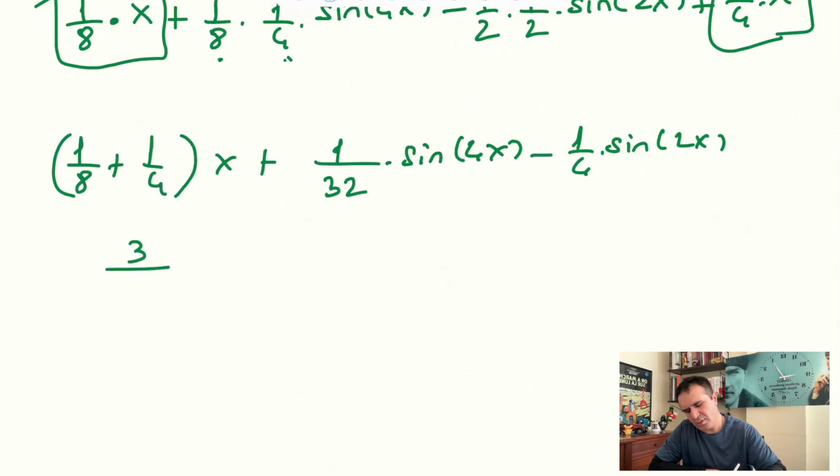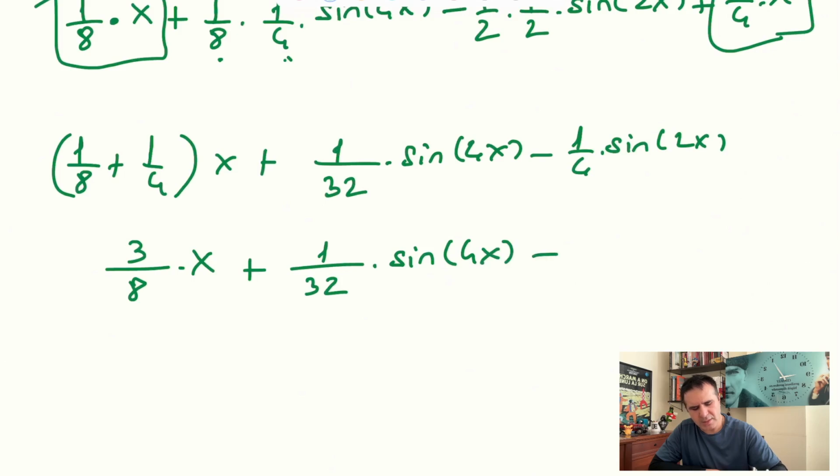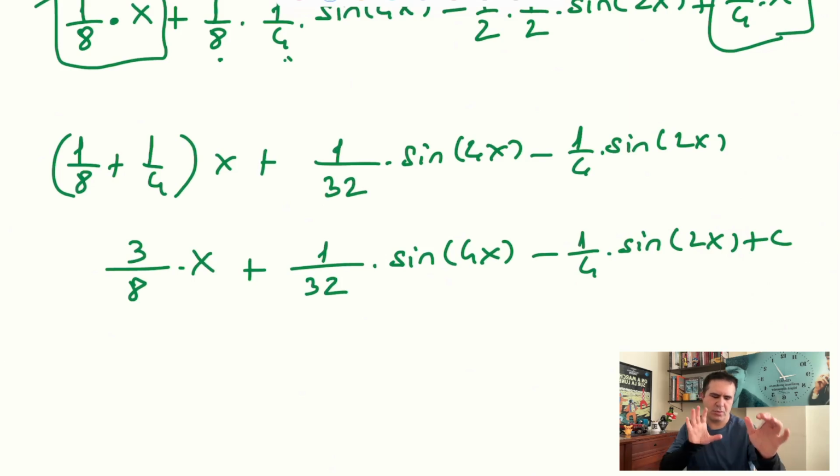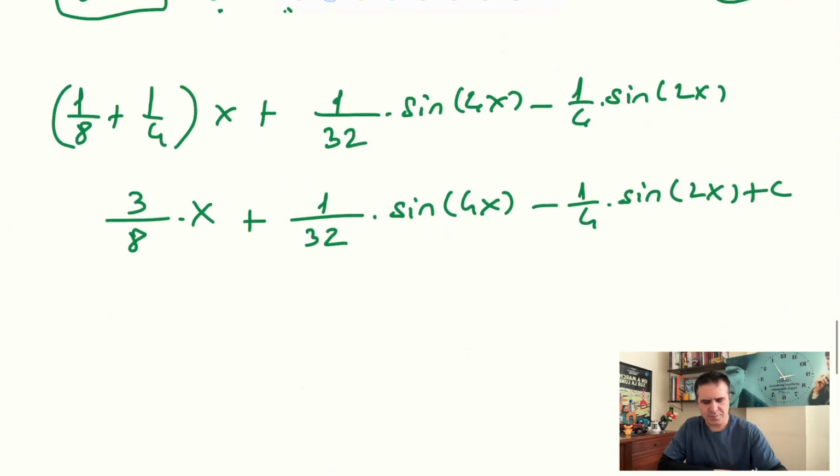That is 3 over 8 times x plus 1 over 32 times sine of 4x minus 1 over 4 times sine of 2x. And for the integral we will use the constant c here.